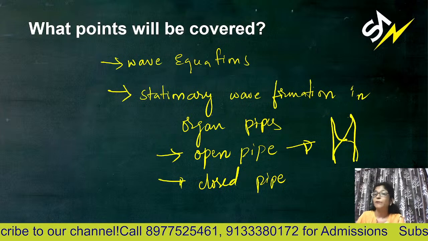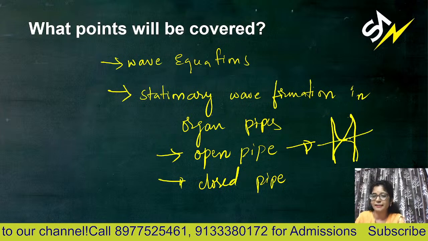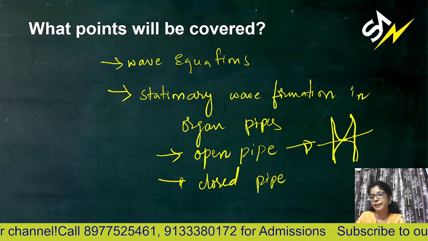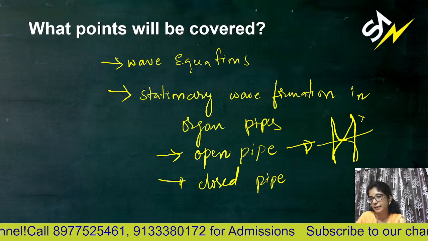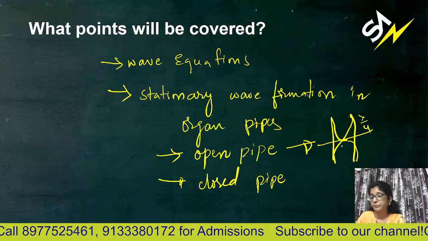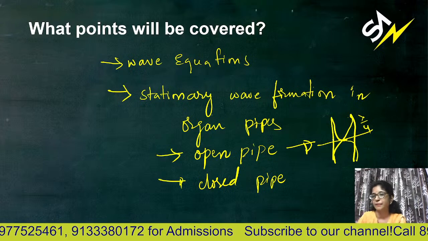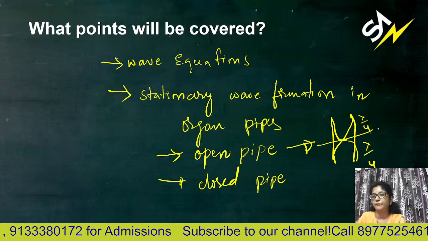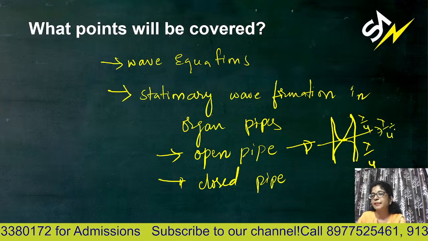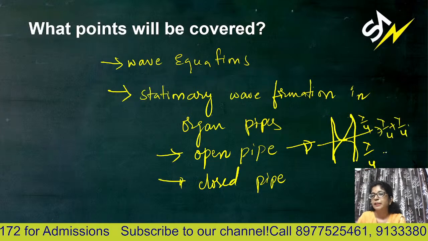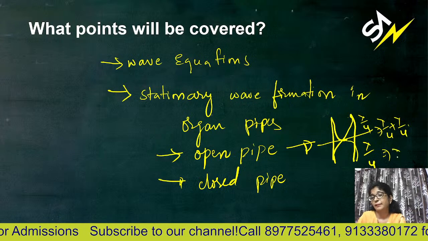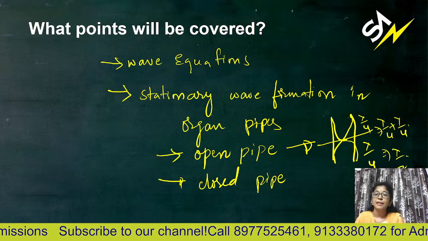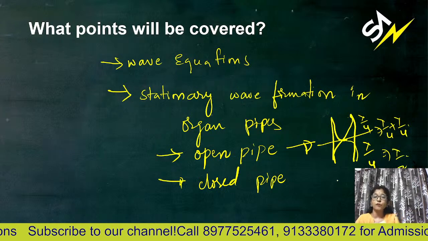What will be the length of this? From node to node is lambda by 2, node to antinode is lambda by 4, and another lambda by 4. Lambda by 4 plus lambda by 4 is 2 lambda by 4, that is lambda by 2. So this is in terms of the open pipe.